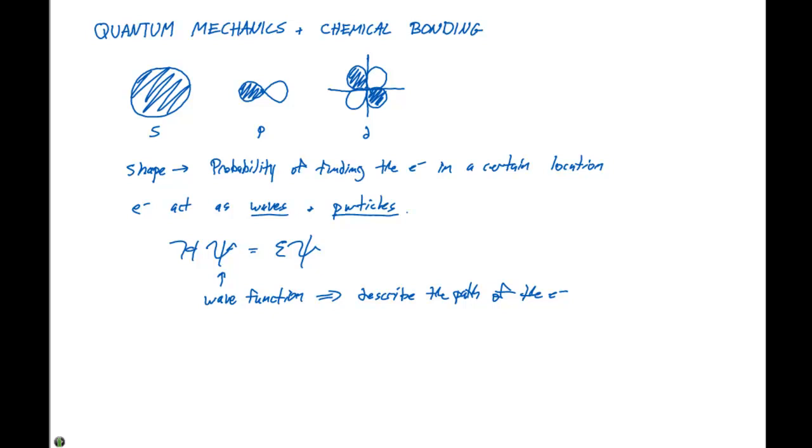When we solve this equation, there's something called a node. And a node is an intermediate point at which the probability function goes to 0.